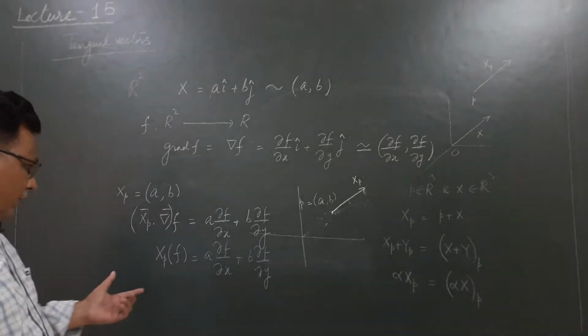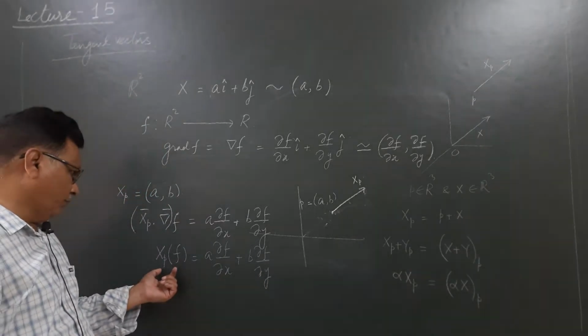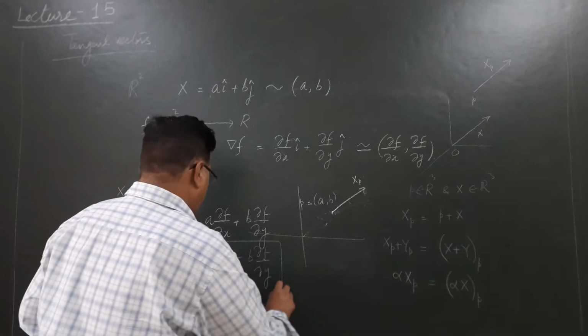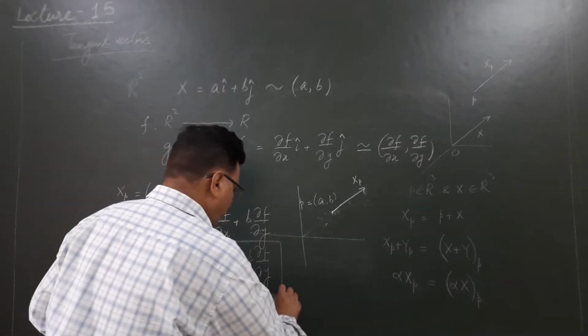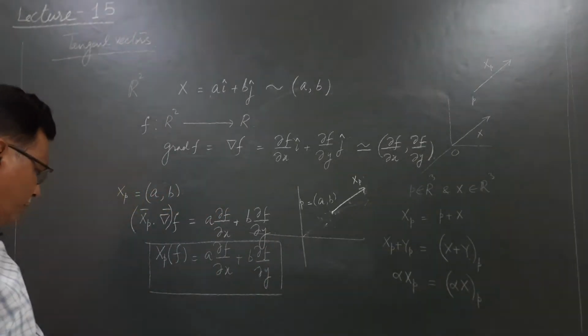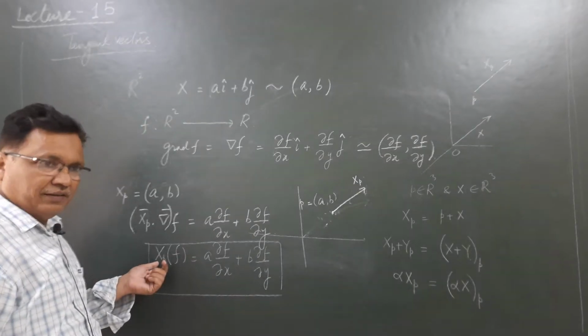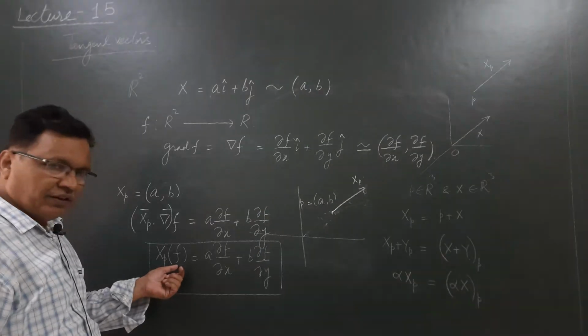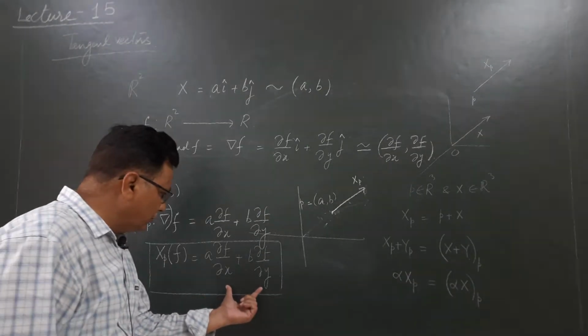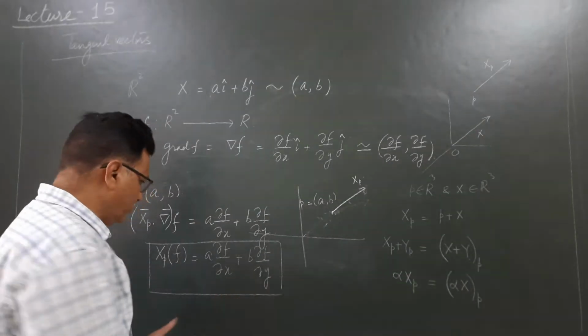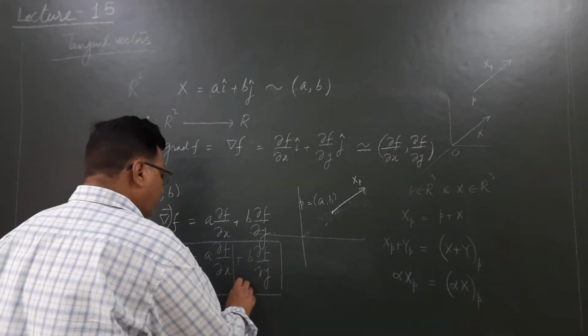If I adopt this notation and you look at it carefully, you will realize that Xp is a kind of an operator which operates on a function and gives you this quantity, which is a real number, because these derivatives are computed at the point p.